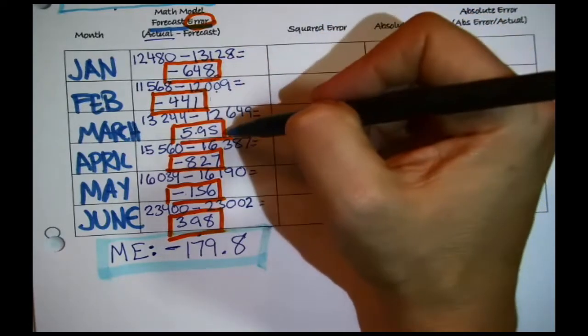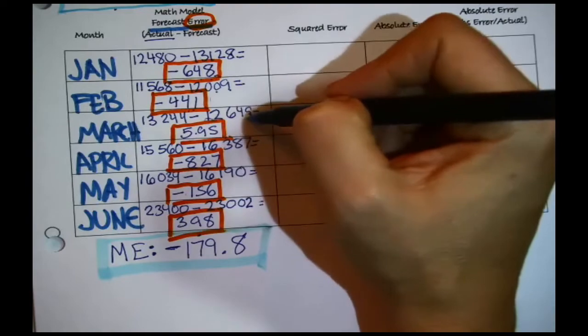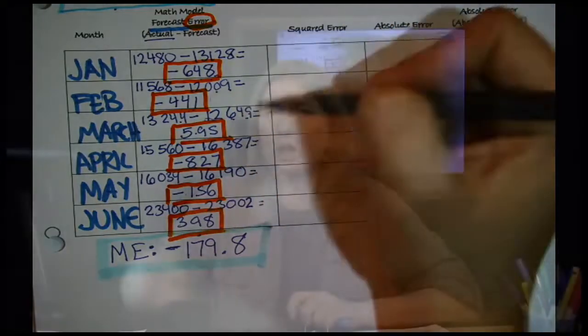Every time your forecast, compared to the actual, is too small, too puny, if you based an order on it, you wouldn't have ordered enough, your error comes out to be positive, because error is actual minus forecast.